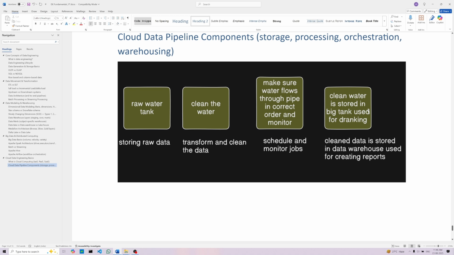Finally, cleaned, transformed, filtered data will be stored in data warehouse. We will use it for the dashboards and reports. It will be the final useful data. So this is our cloud data pipeline, which involves storage, processing, orchestration and warehousing.